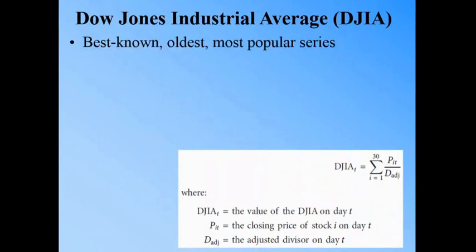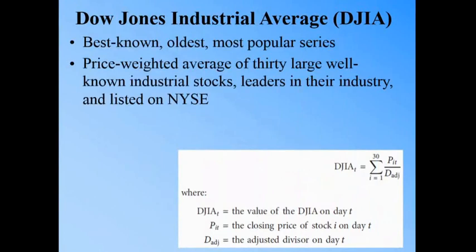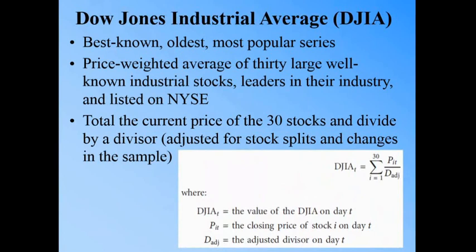So here comes the first one, how the price weighted index is actually calculated. The Dow Jones Industrial Average that we are talking about is the best known, the oldest and the most popular index in the world. It is a price weighted average of 30 large, well-known industrial stocks, leaders in their industry and listed on the New York Stock Exchange.